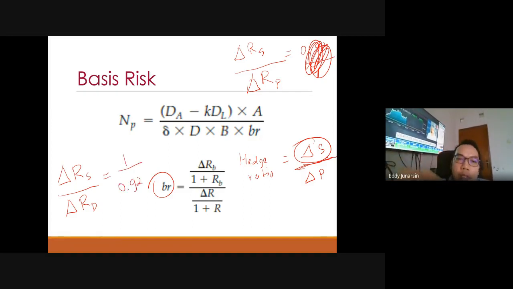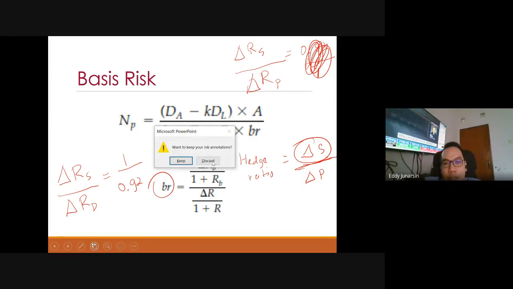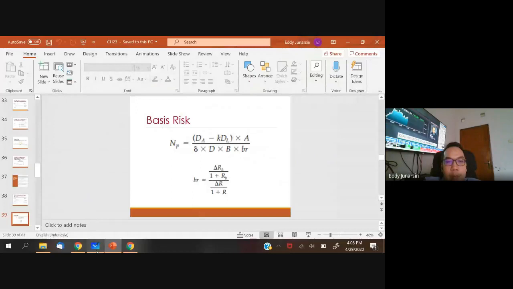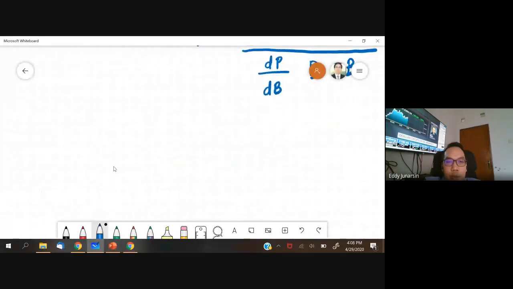So actually, the basis risk is not 0.92, but more appropriately 1.09. It's just the disagreement about the numerator and denominator.